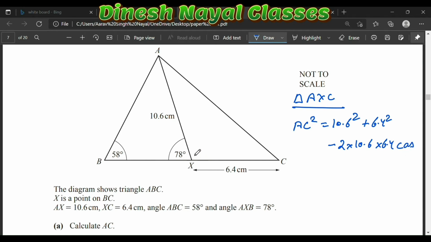Now we have to find this angle first. We know that this is a straight line, this is 180, so this angle will be 180 minus 78, which equals 102. So cos 102. Now substituting these values in a calculator, you get the length of side AC equals 13.47. So this is 13.47.